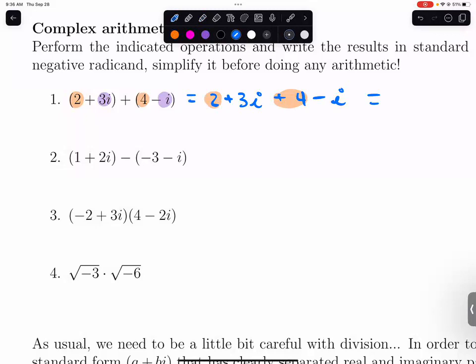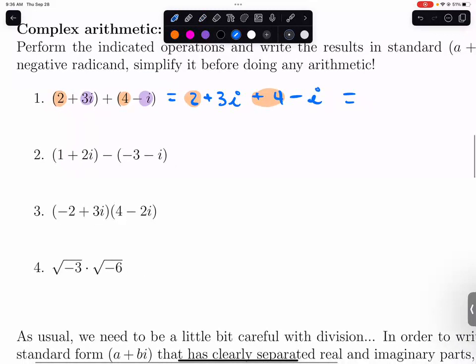So, functionally the same as if they were x's there instead of i's. 2 plus 4 is 6. And 3i minus i is 2i. That's it. So y'all give the next 2 a shot, 2 and 3.